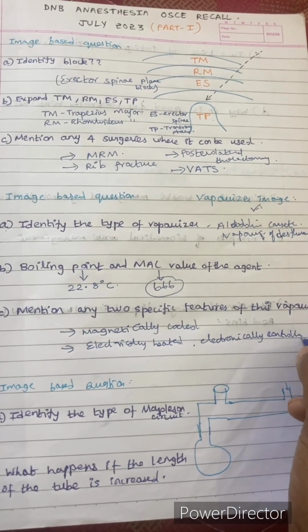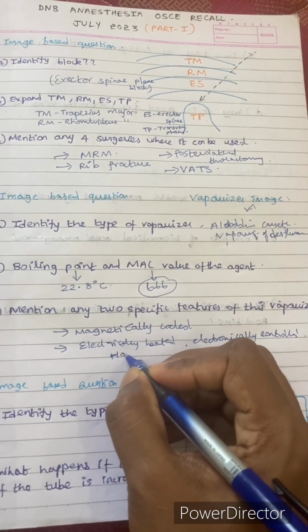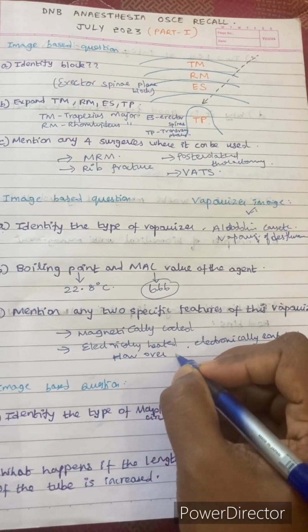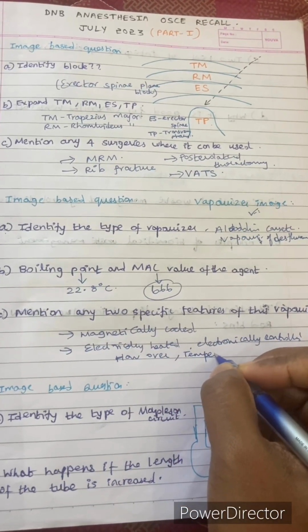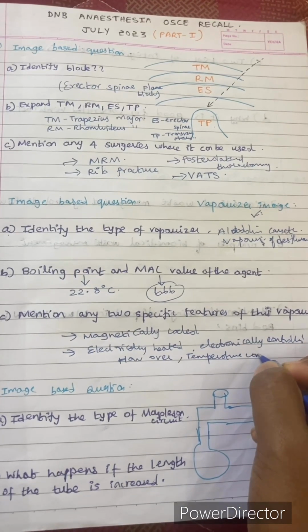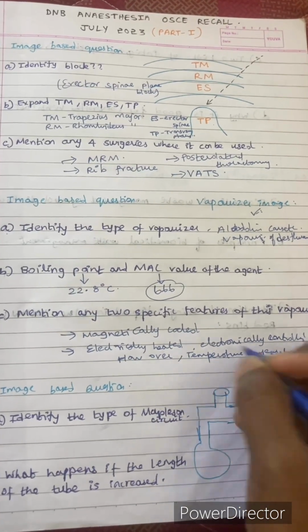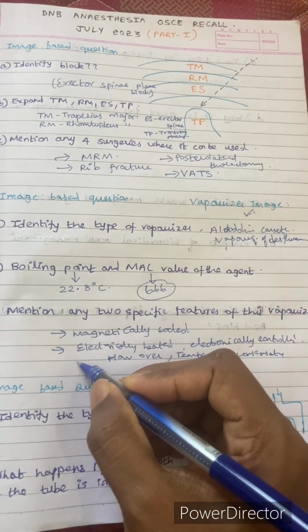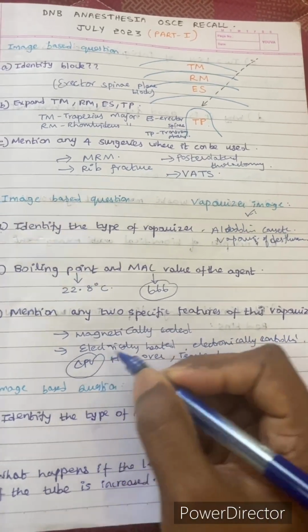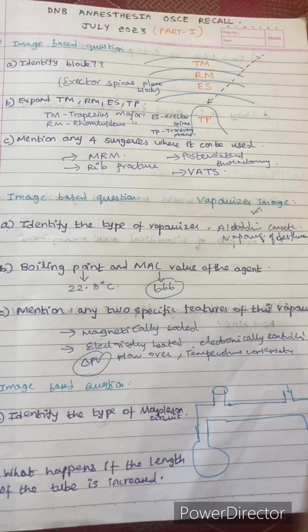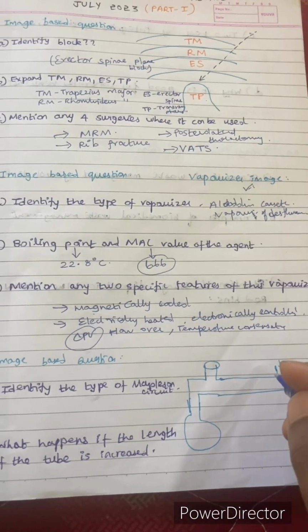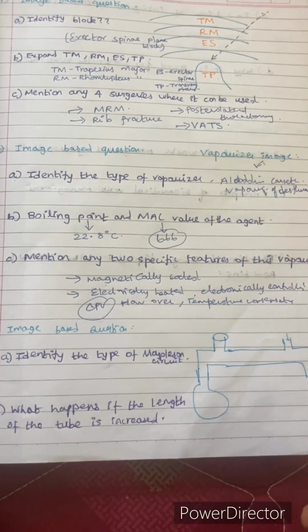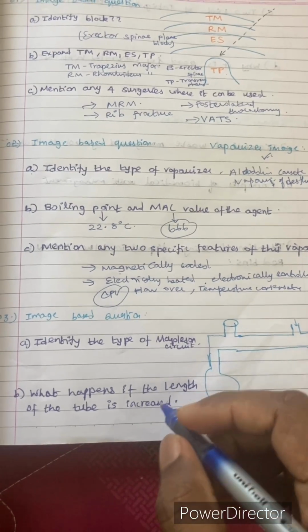It also has a central processing unit, and the desflurane sump is electrically heated and then the vapors are produced. You can mention any 2 of these features to get full marks. Your answer should be crisp.